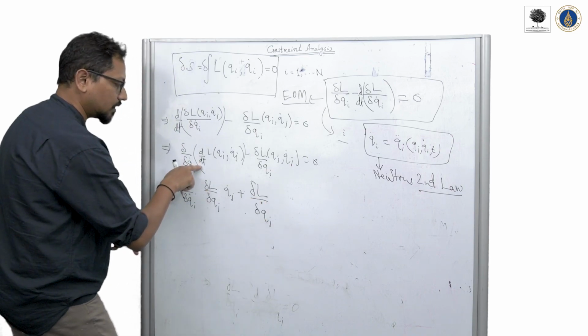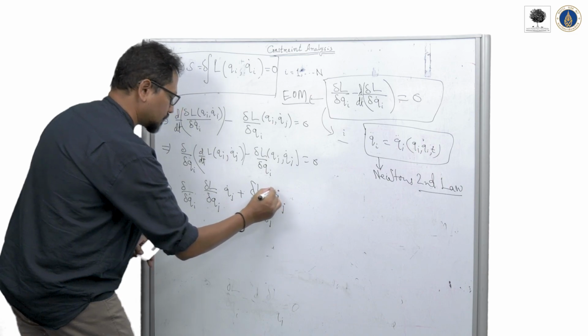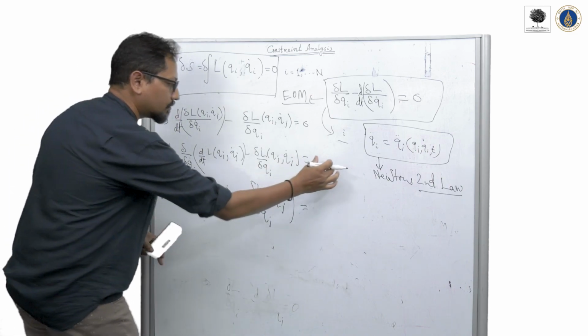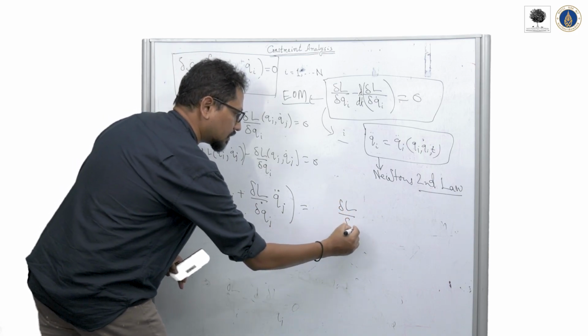Because there is a d by dt over here, it will be Qj double dot. I take this term here, so del L by del Qi.